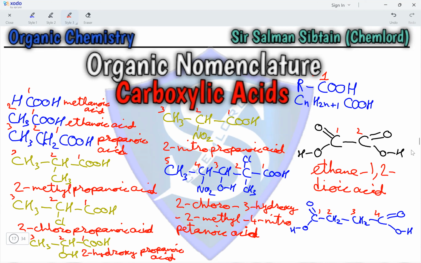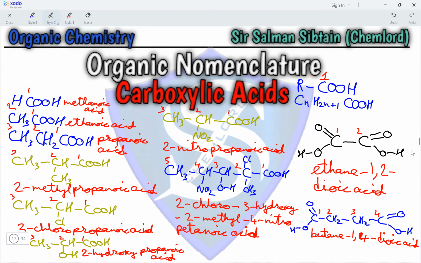So the name of this compound would be butane, written completely, followed by positions of the functional groups 1 comma 4. So butane-1,4-dioic acid.